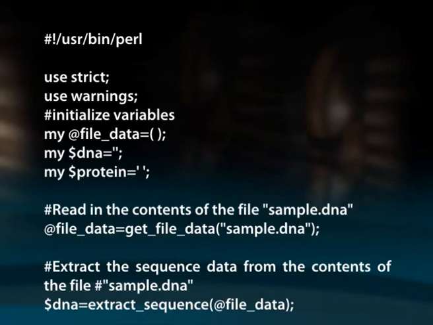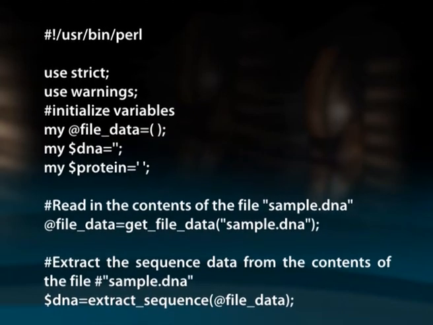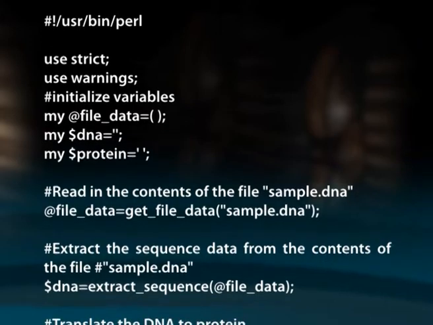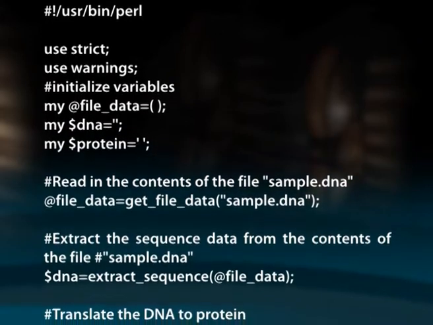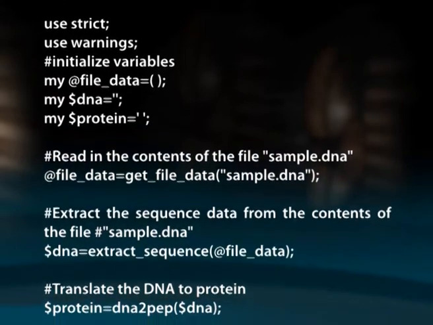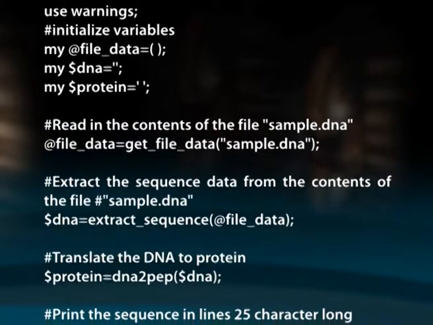Now the contents of the file sample.dna are read using the get_file_data subroutine. It can be given as @file_data equal to get_file_data of sample.dna. Then we extract the sequence data from the contents of the file using the subroutine extract_sequence. It can be specified as $DNA equal to extract_sequence of @file_data.